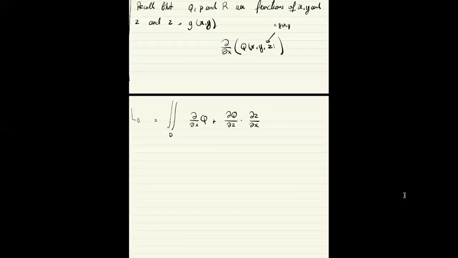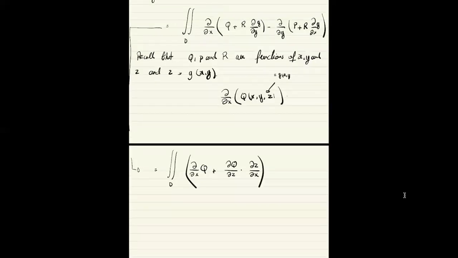So this is equal to, it's a long calculation here, plus, you do it for every single function, because all of Q, R, and P are functions of three variables, but the last one is a variable that is a function of the other two.